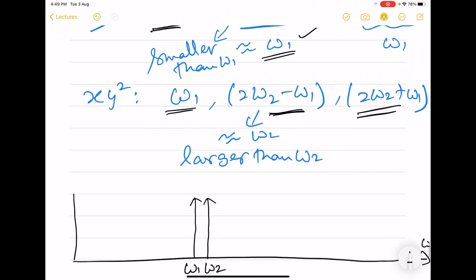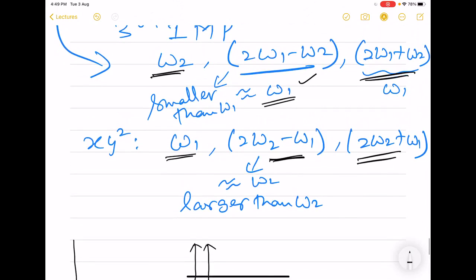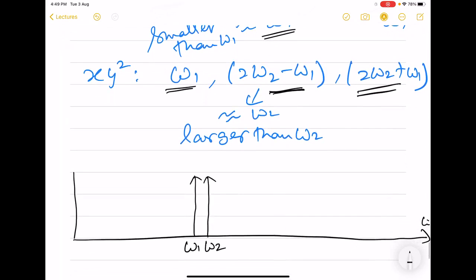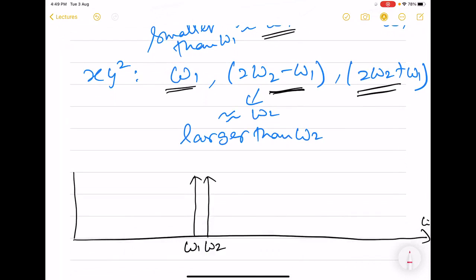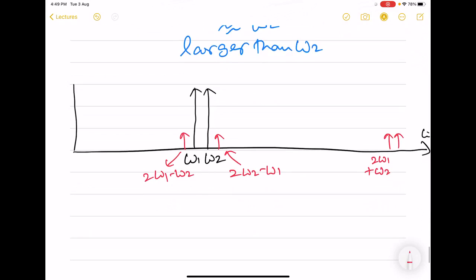And these two other mixed components are going to be very large. So let us first plot them. So we are going to have 2 omega 1 minus omega 2, and then here 2 omega 2 minus omega 1. And then we will have 2 omega 1 plus omega 2 and 2 omega 2 plus omega 1.